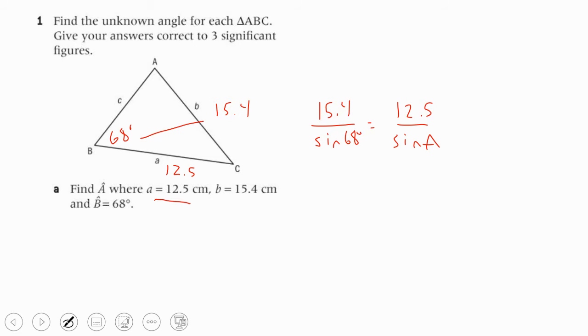And when you go to solve this on your calculator, remember we're finding an angle. So I'm going to cross multiply first. Again, you should be pushing the buttons on your calculator or your Wabbit, whatever it is. So 12.5 times the sine of 68 divided by 15.4.